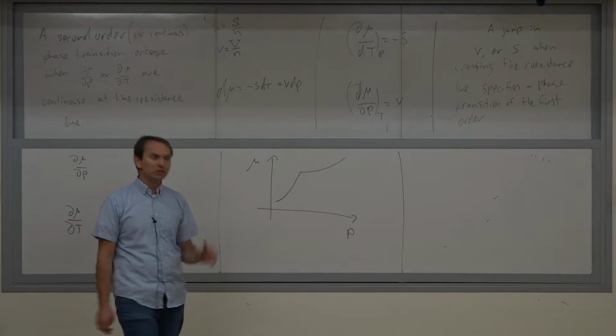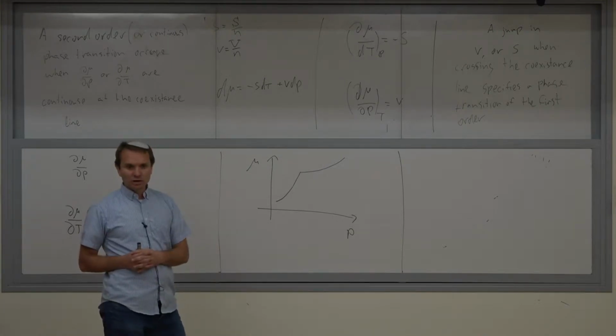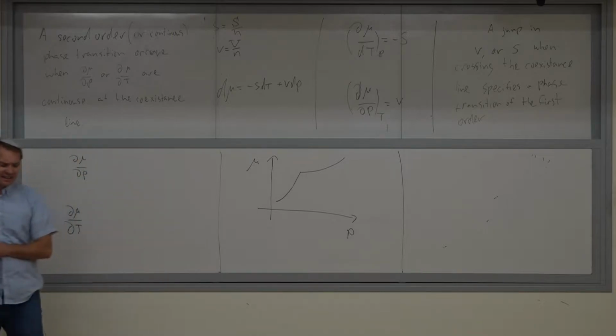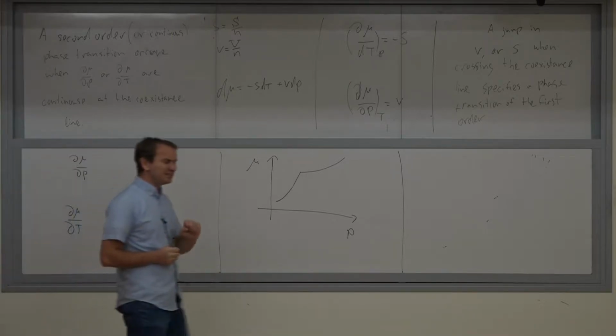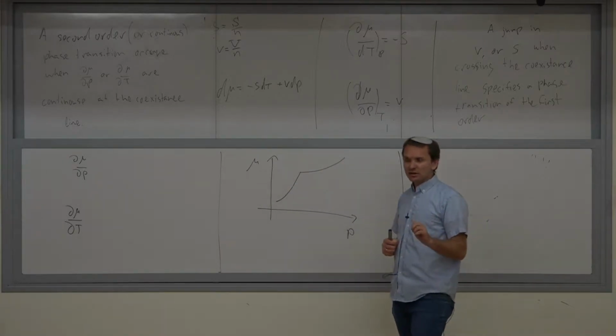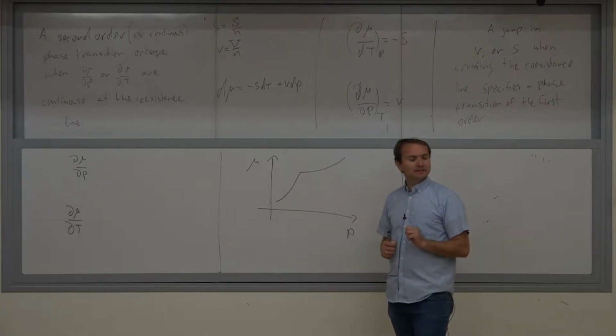Because we already learned the Gibbs phase rule, and there I can see that there always exists a line where the phase transition occurs. And my question is, how do I find this line, right?